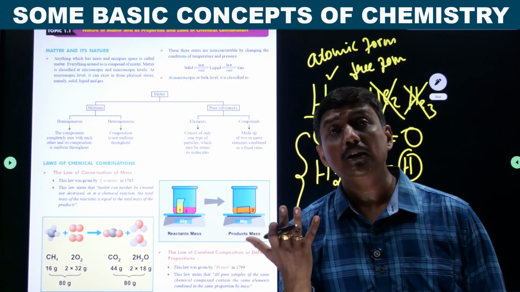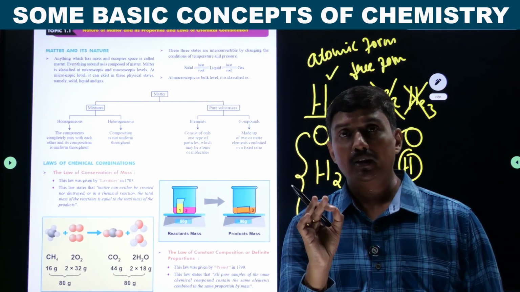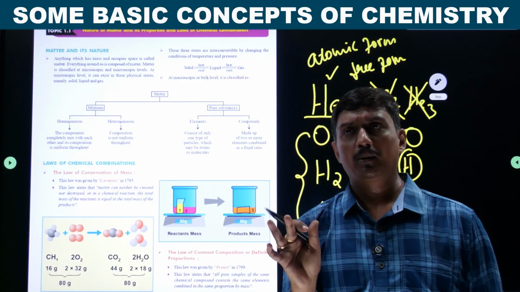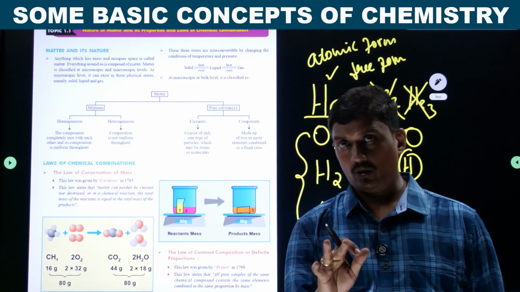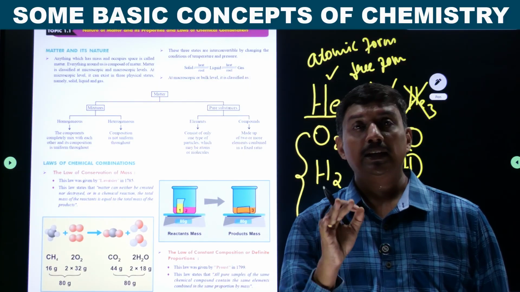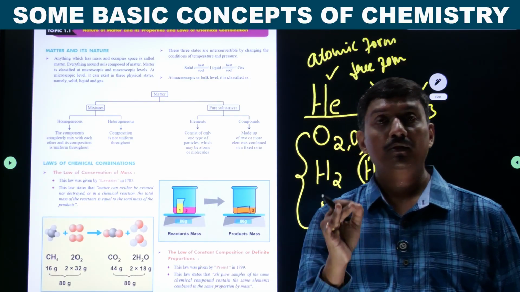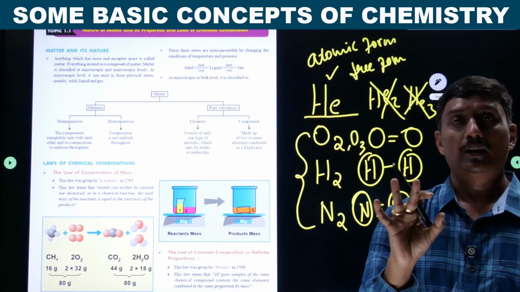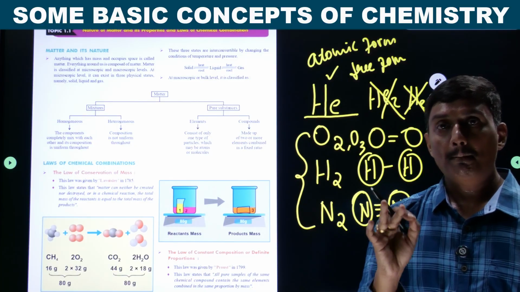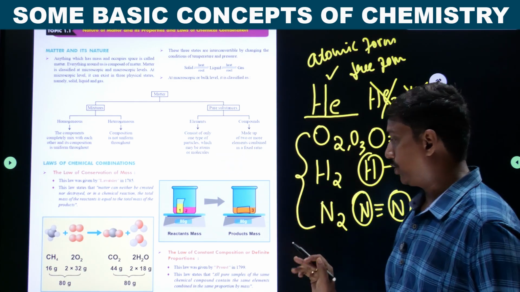Now, what is the meaning of molecules? Usually, we use compound and molecule synonymously. That is wrong. Molecules are substances made up of the same type of atoms, or similar atoms combined to give the molecule.